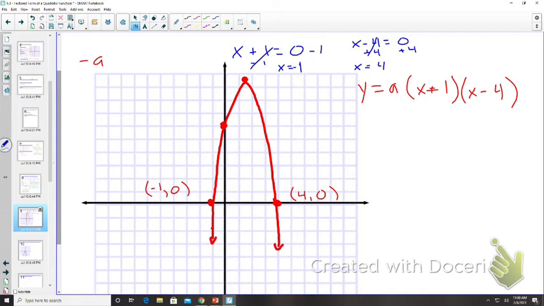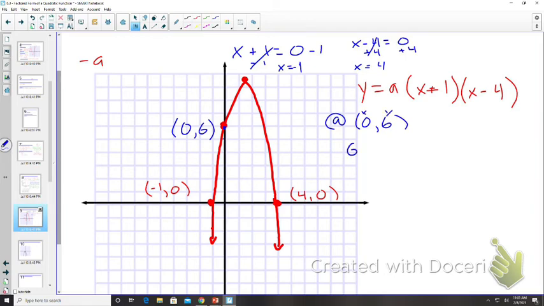So I like this one right here. 1, 2, 3, 4, 5, 6. Okay, I like that. It's a nice one. So now we'll substitute at 0, 6. So this is x and y.